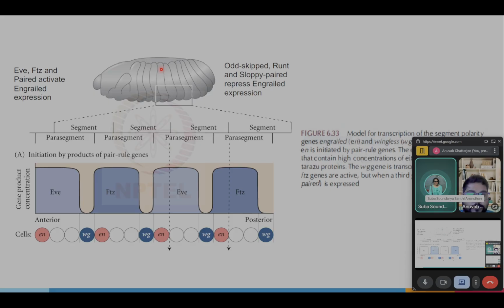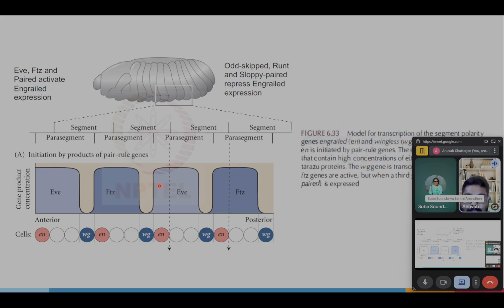So exactly where is this happening, and why are this wingless expression and this engrailed expression happening? They are diffusing, so the two cells are producing and they are diffused. At what interval is it diffusing? From one cell, how many cells' fate is decided?